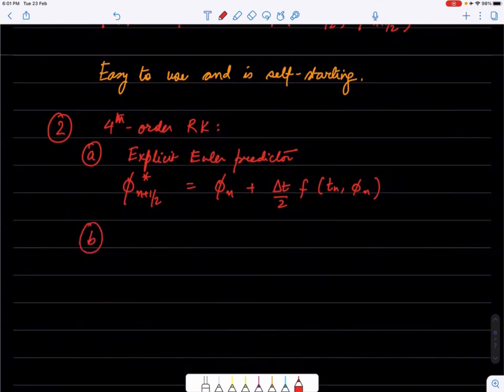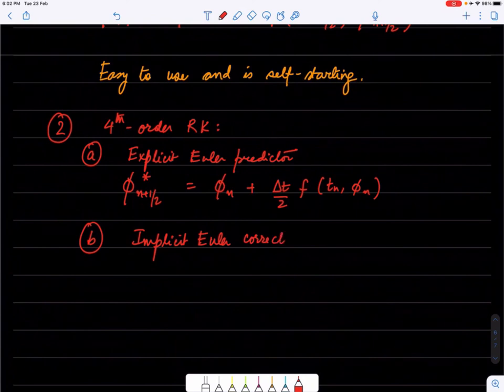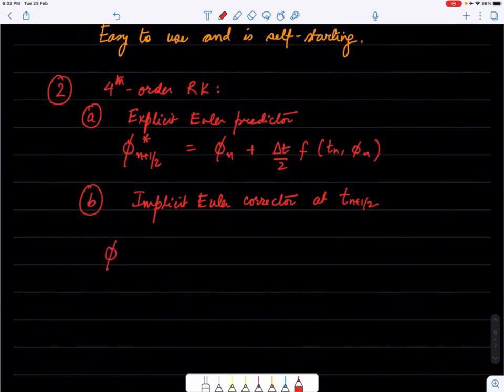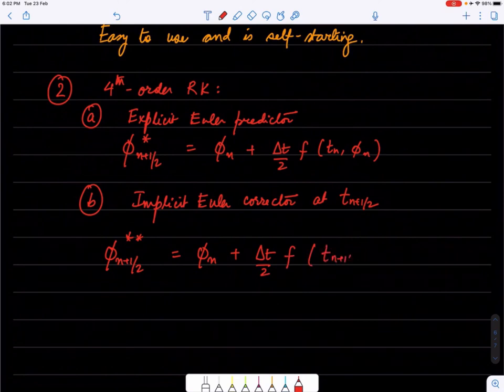The second step is an implicit Euler corrector at time step Tn plus half. What it means is, I would write an intermediate value n plus half, let's say double star, to be phi n plus delta t by 2 f at Tn plus half phi n plus half star.